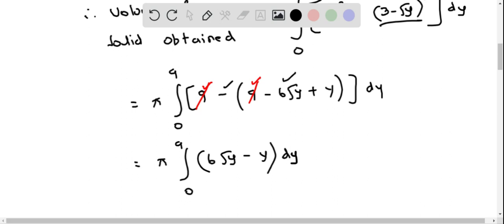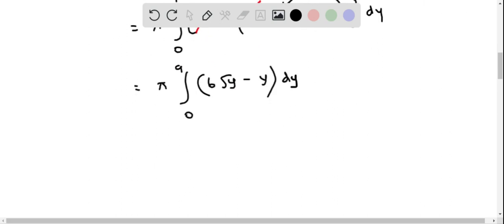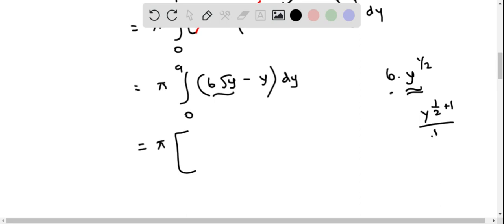So let's integrate the terms inside the bracket and substitute the limits. Here we have pi times, we can rewrite this in power form, that is 6 times y power 1 by 2. Integrating this, we add 1 to the power and divide by the new power, 1 by 2 plus 1, which equals 3 by 2.